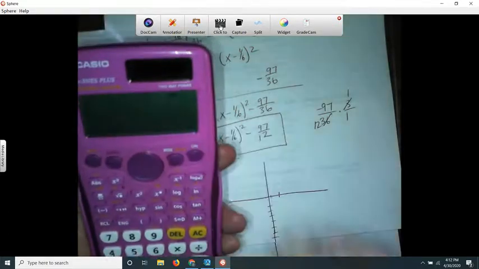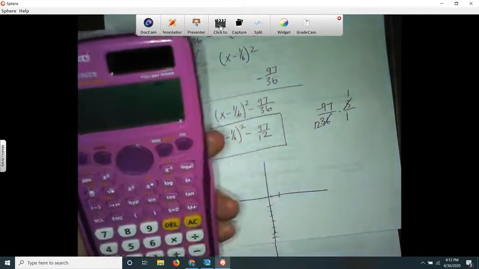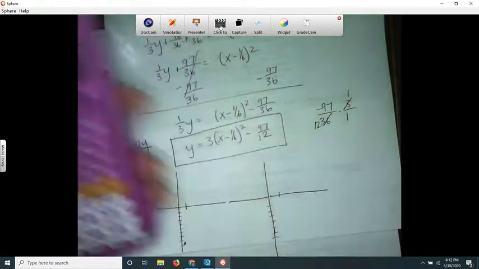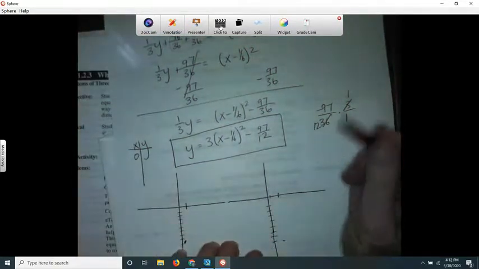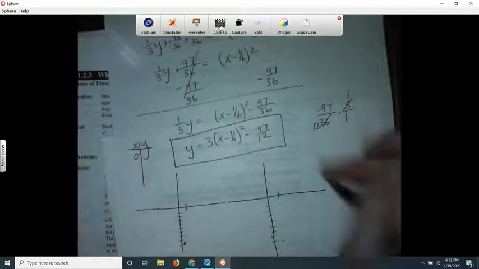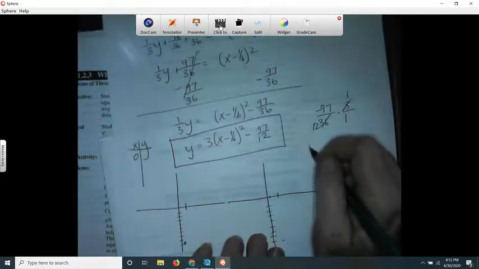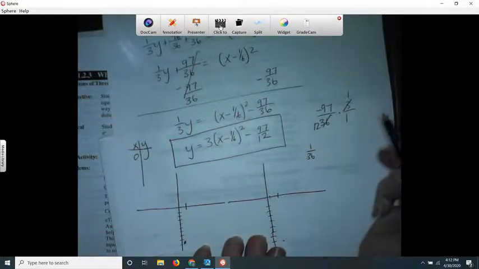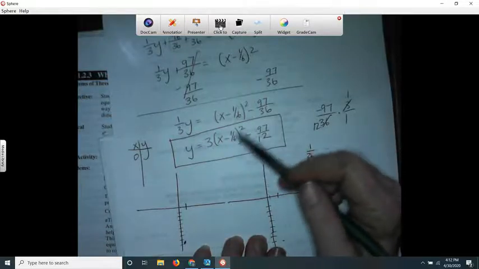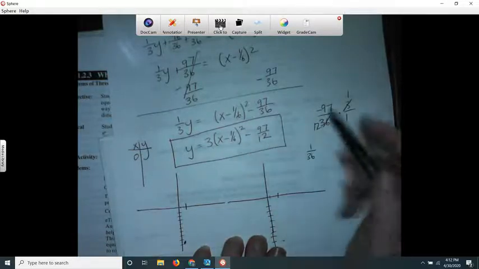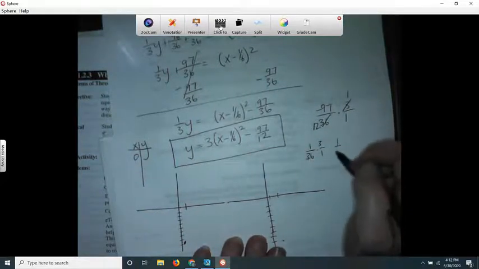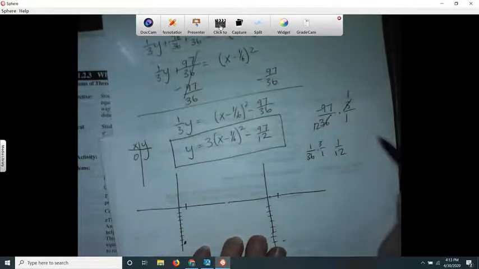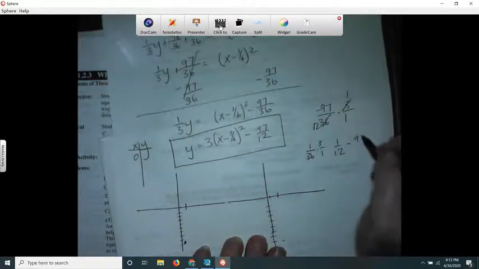I don't need to use a calculator. 1/6 times 1/6 is 1/36. So 1/36, that's the negative 1/6 squared. It'll be positive. And then I'm going to multiply it by 3. That gives me 1/12. And then I have to subtract 97/12 from it.